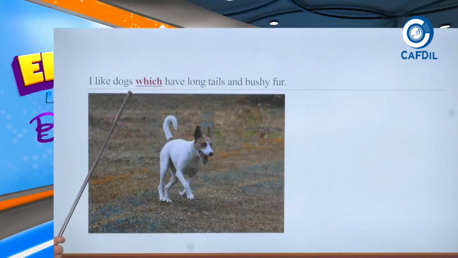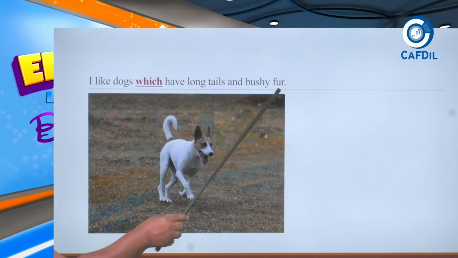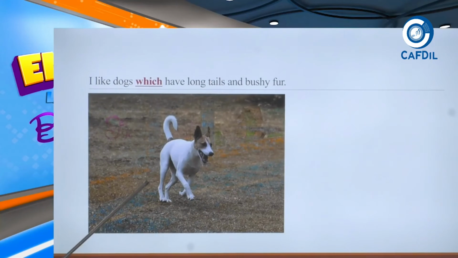I like dogs which have long tails and bushy furs. Here we can see a dog standing here. It has a long tail, bushy fur all over his body. That is a dog, and which is used for animals. An example is a dog.